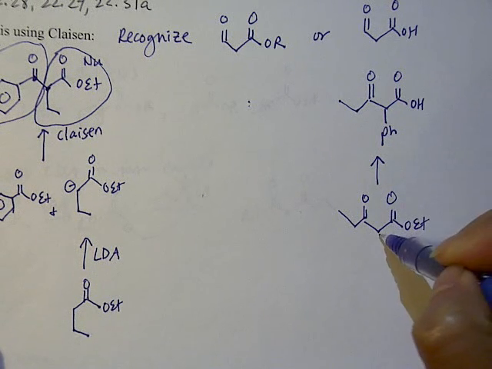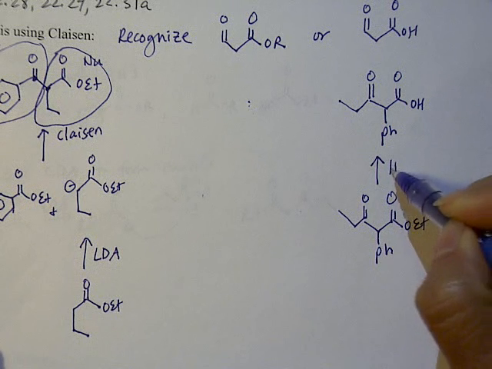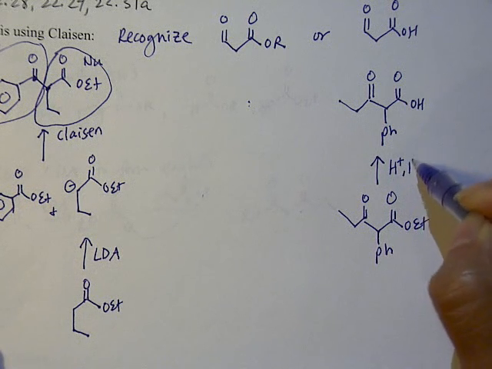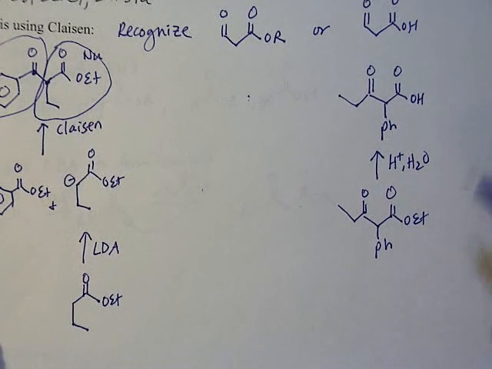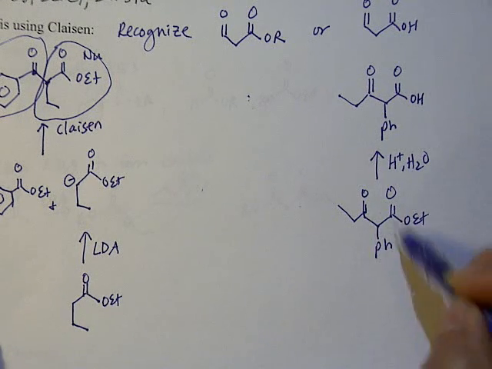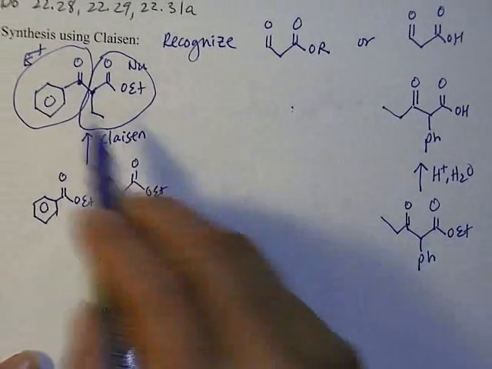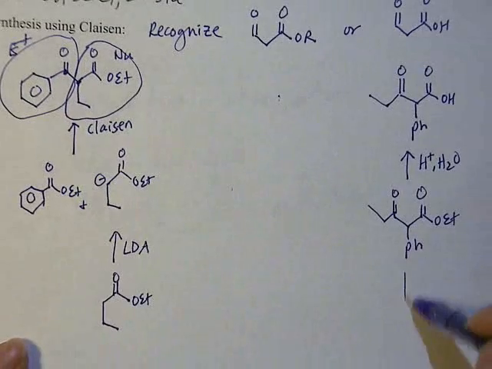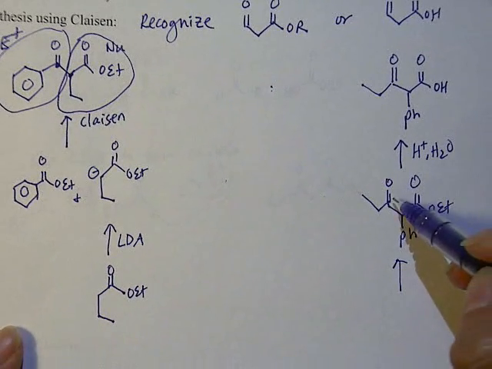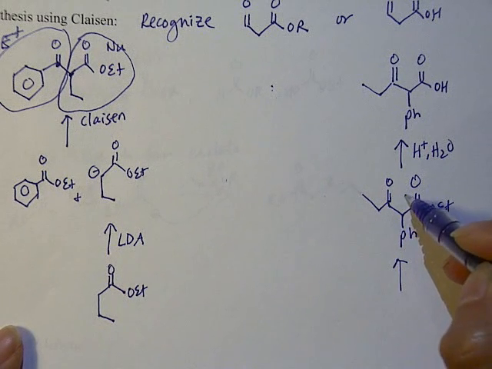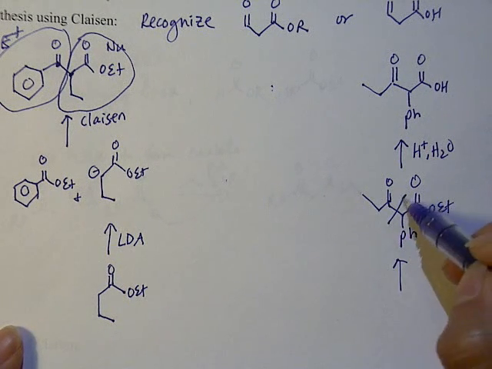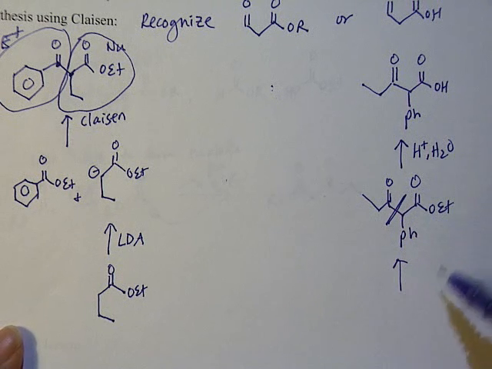It doesn't matter what kind of ester it is, but hydrolysis of an ester produces the carboxylic acid. So then this problem becomes the same kind of problem where you ask the same question. I recognize the beta keto ester, so which part came from the nucleophile? So we're trying to make this bond right here.